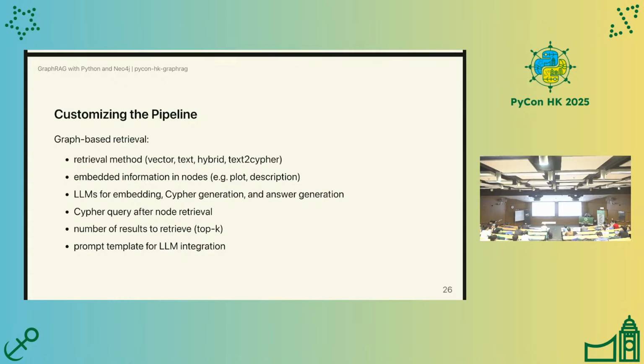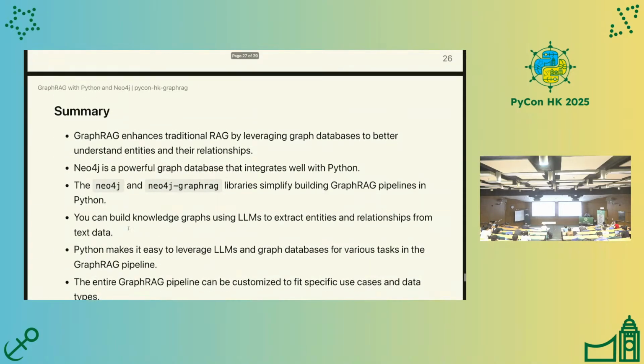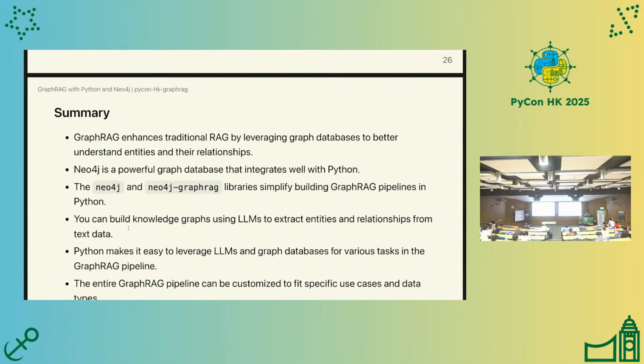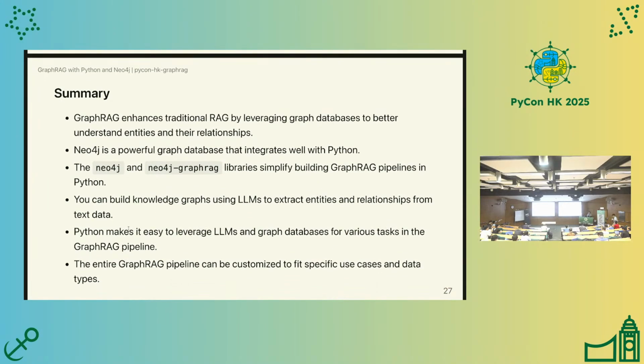You also have to be careful about what LLMs you're using, what Cypher query you're using after node retrieval, like how big the graph is, how much stuff you want to include from around the node, the number of results to retrieve, and finally the prompt template for the final generation step. So that's some of the things to think about.